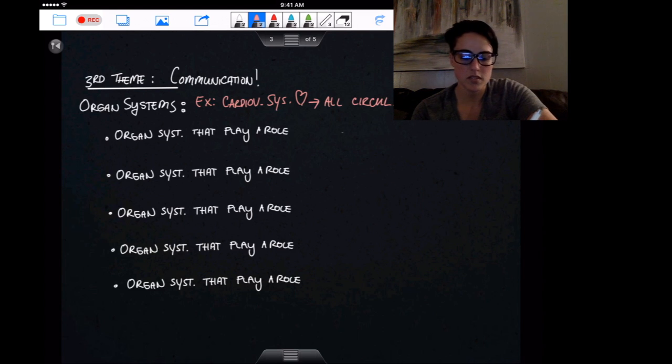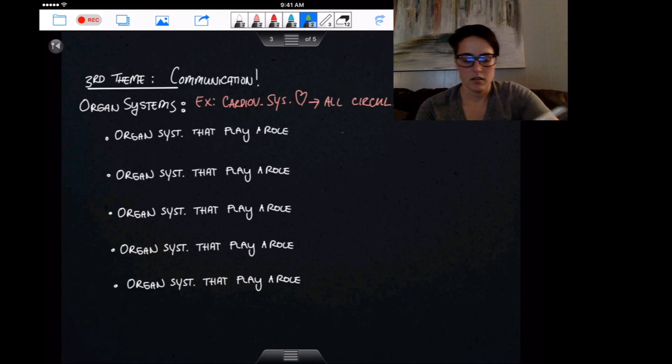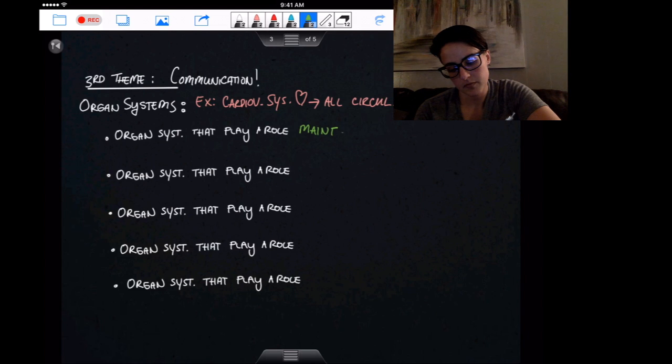Our first one is organ systems that play a role in maintaining metabolism.